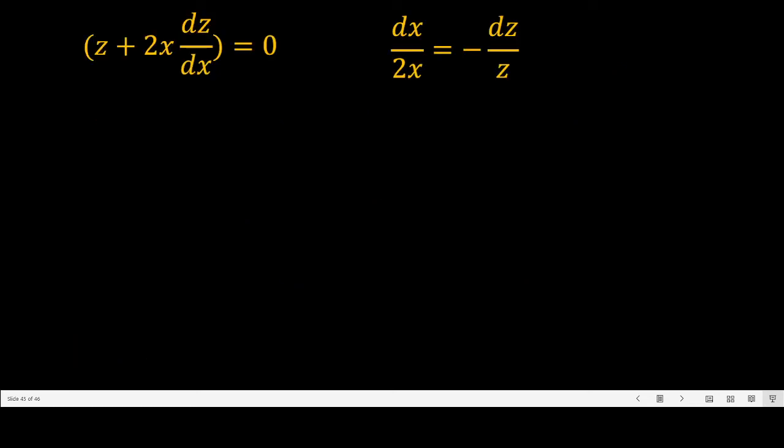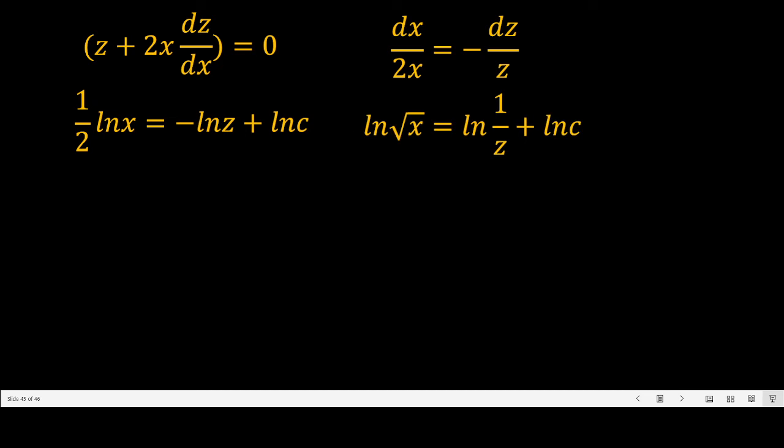To solve that, we need to separate the variables. So we have dx over 2x equals minus dz over z. And if we do the integration on both sides, we have half of natural logarithm of x equals minus ln z plus ln c, where c is a constant.